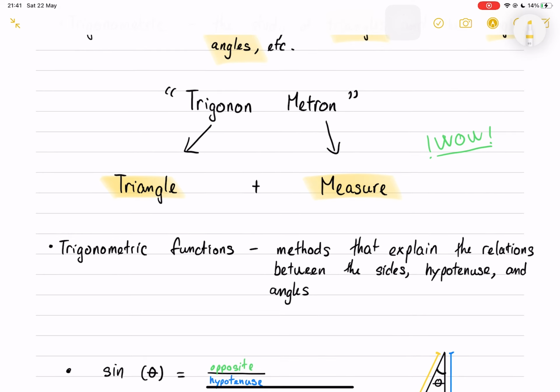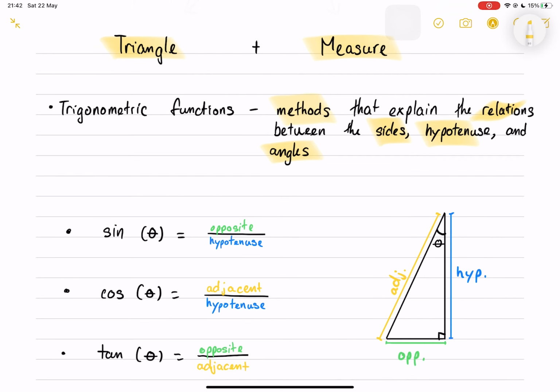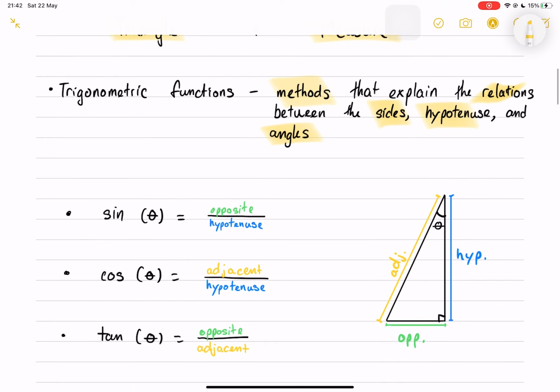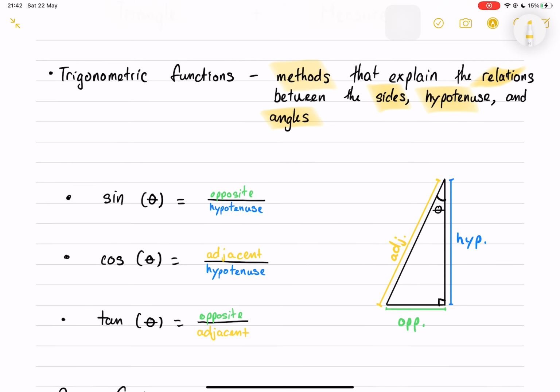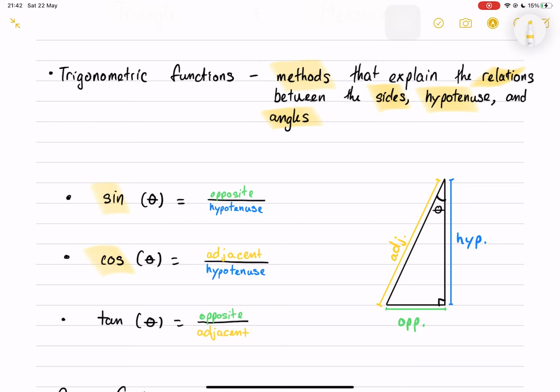A trigonometric function is a method that explains the relation between sides, hypotenuse, and angles, like the adjacent or opposite, which we'll learn later. Right now, we have three distinct functions for trigonometry: sine, cosine, and tangent.